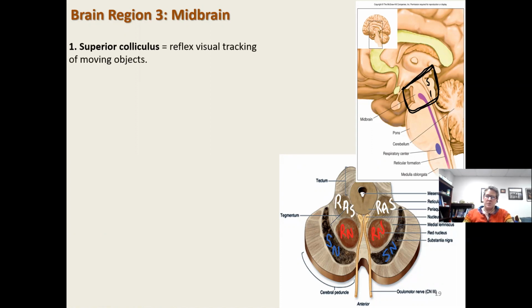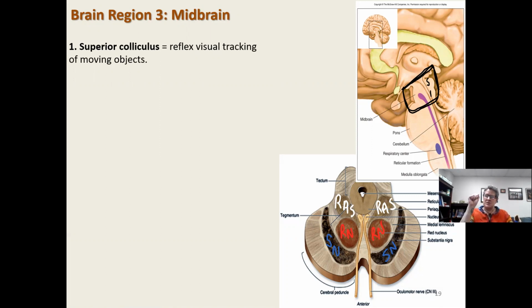Okay, the superior colliculus, the upper bump, is controlling your reflex tracking of moving objects. When you drive anywhere, you're probably not aware of it, but you're subconsciously tracking moving objects around you. So you're looking at the oncoming traffic, and if you notice it's going to start veering into your lane, you are going to take quick evasive action that can save your life.